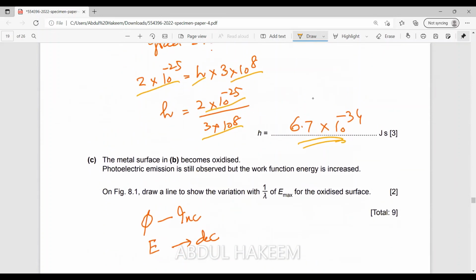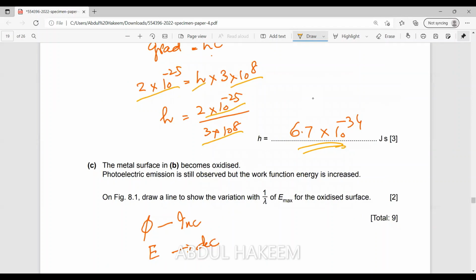Next, the metal surface in B becomes oxidized. Photoelectric emission is still observed, but the work function energy is increased definitely. When the work function energy increases due to the rust on the metal, it means it's difficult to eject an electron, so the electron after emission will be carrying less energy.